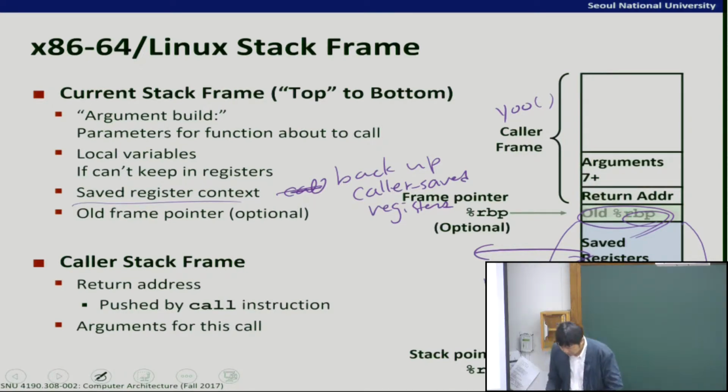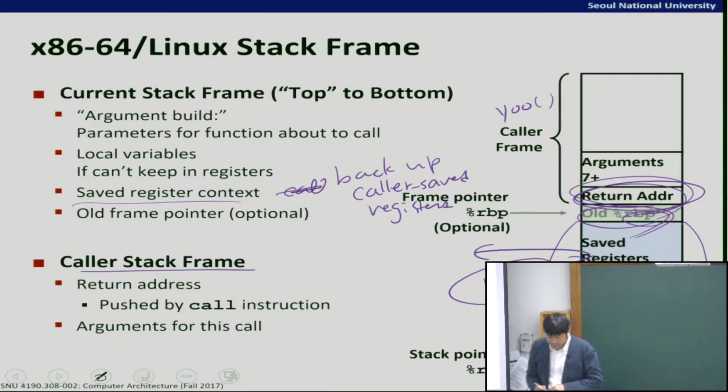Okay, and in the caller stack frame, at the top, we have the return address, because whenever you're done with the function who, you have to come back to the function u, and the return address within the function u is stored here, at the top of the caller stack frame.